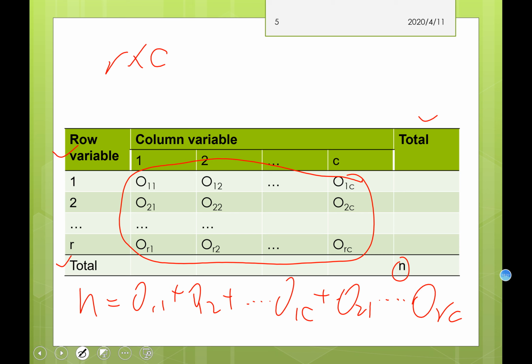So when we are talking about the R times C table, we actually mean there will be R groups and C levels without the total. Okay, so that is the meaning of the contingency table.